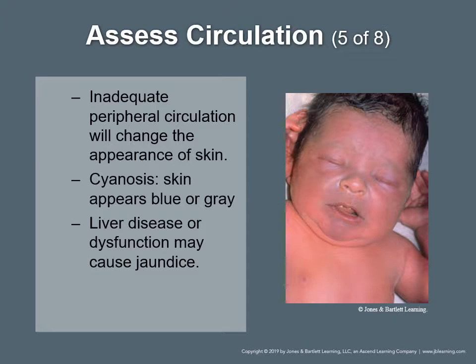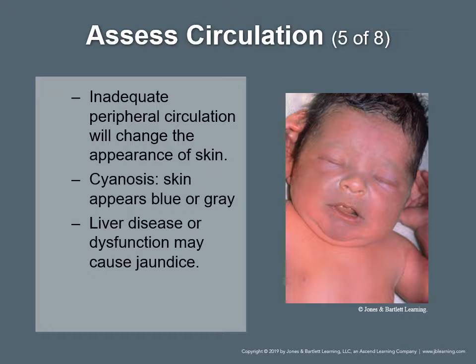Now this is showing you inadequate perfusion. So peripheral circulation, like I said, we can see that perfusion adequacy in their skin signs. This kiddo has cyanosis. He's got that bluish gray color on his face, and I suspect if you could see his hands or his fingers, you'll see it there too. That's not good. We need to fix that.